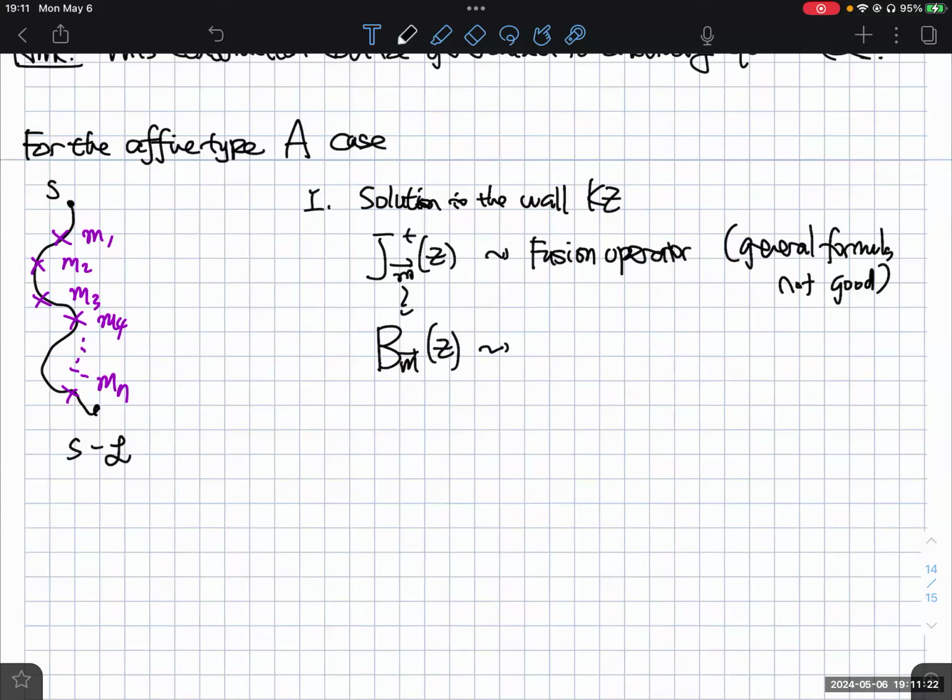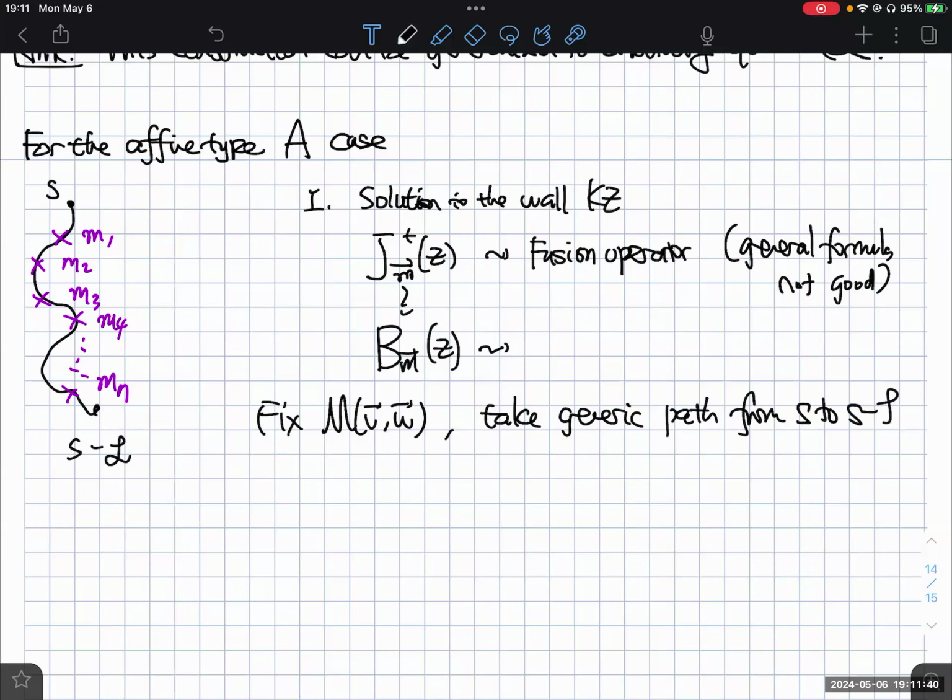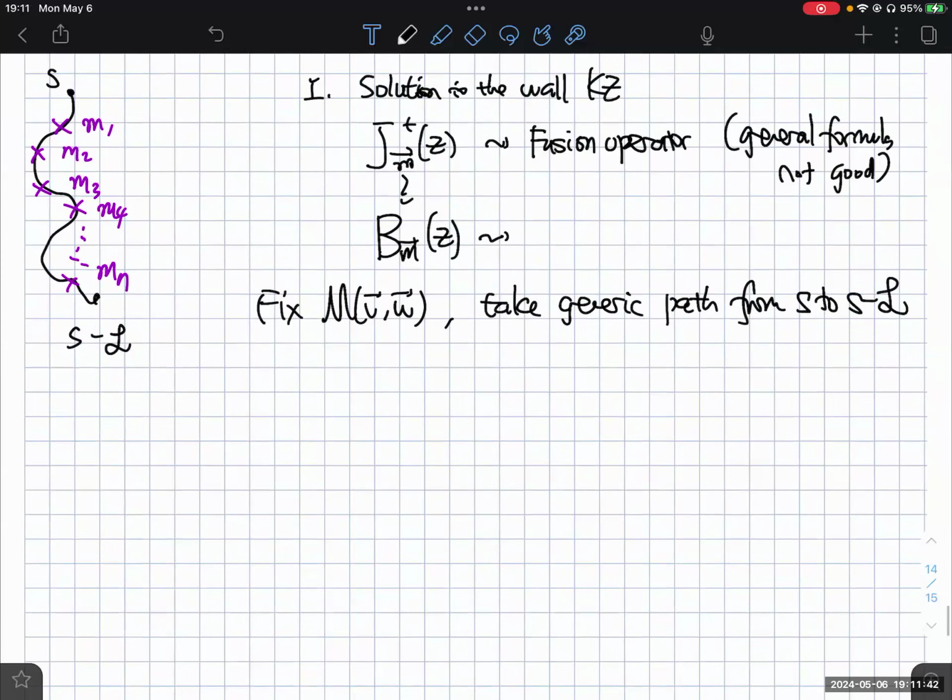But the thing here is that if we fix the quiver variety, and also we take the generic path, in this case the monodromy operators on this path can be expressed in a really closed way.